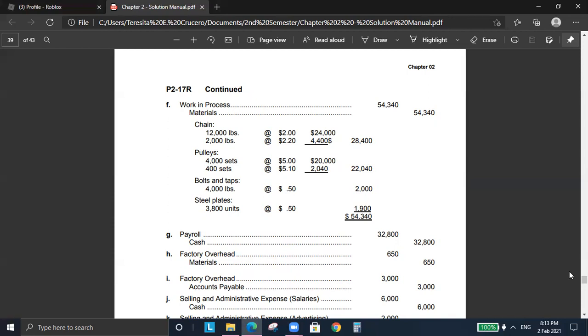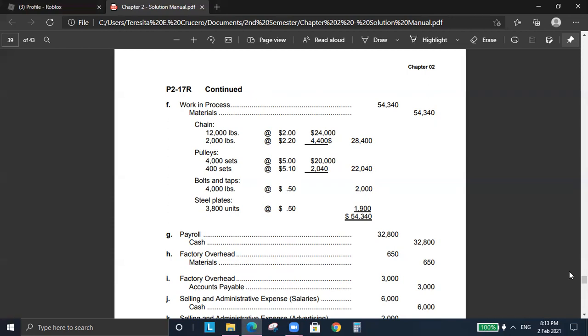Now, since we are using FIFO costing, take note of the beginning inventory of chain, 12,000 pounds at a total cost of 24,000, but total materials used for chain is 14,000 pounds.